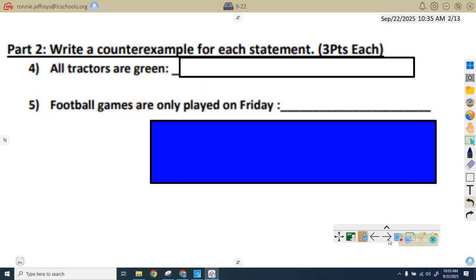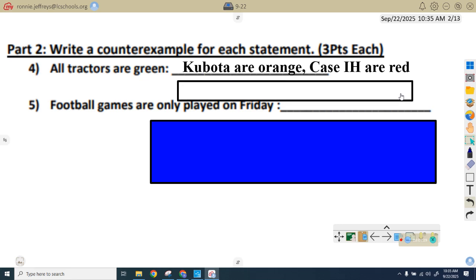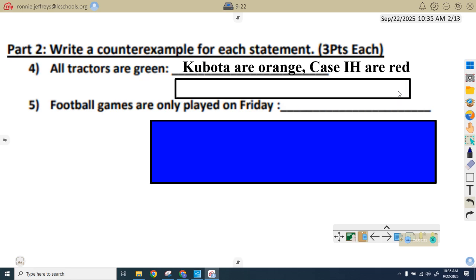Now, a counterexample is one example that proves something false. Number 4 says all tractors are green. Well, we know that Kubotas are orange, Case IH is red, you could say Mahindra is red, New Holland is blue, as long as it's one example that's true.